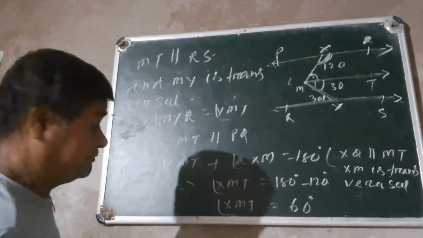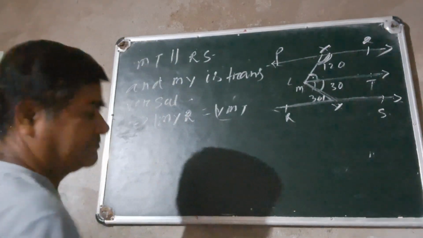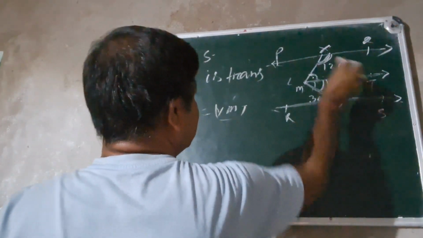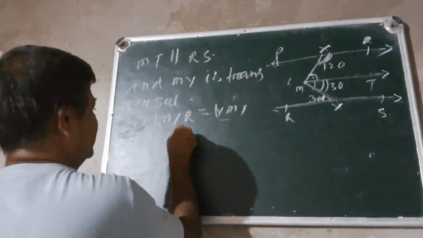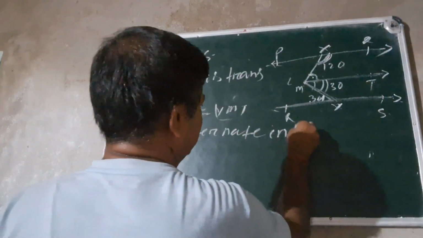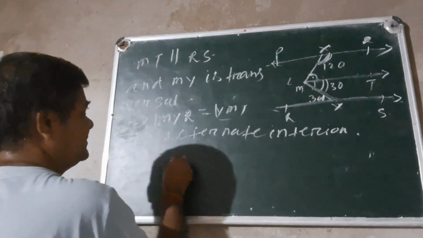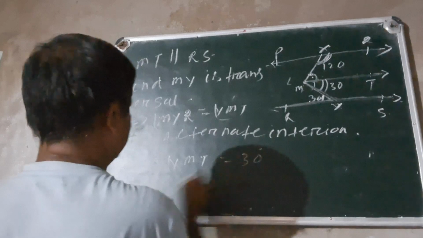Why? These are alternate interior angles. These two angles are equal. This is given as 30, that means alternate interior. That implies YMT equals 30 degrees.